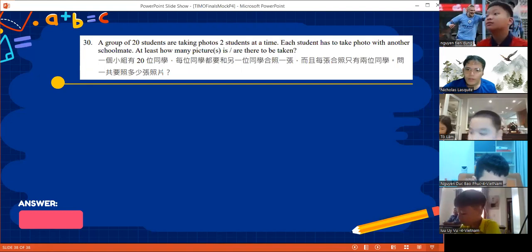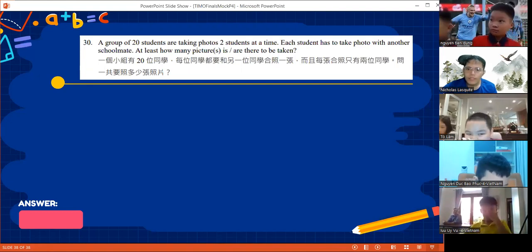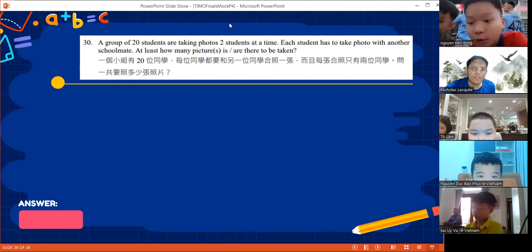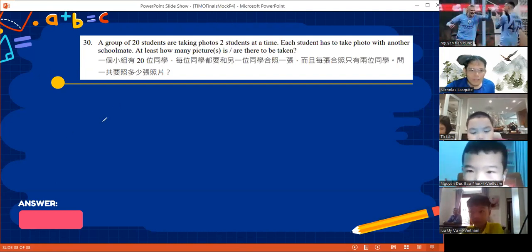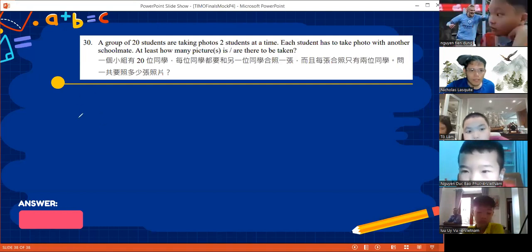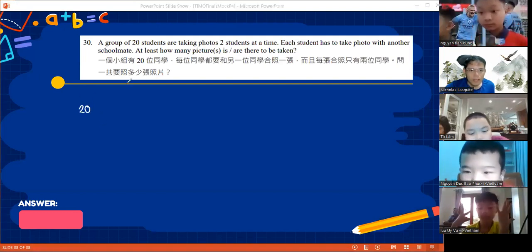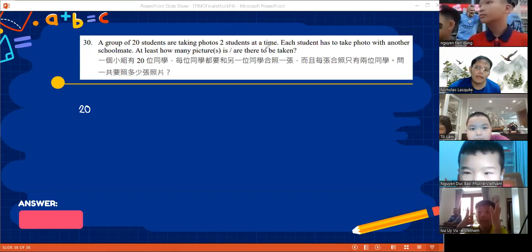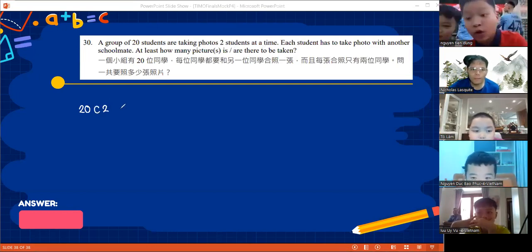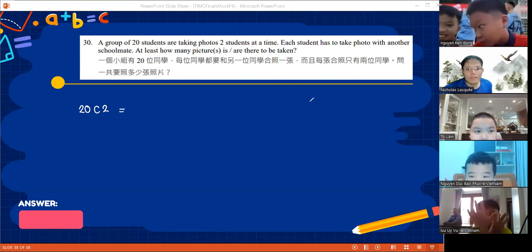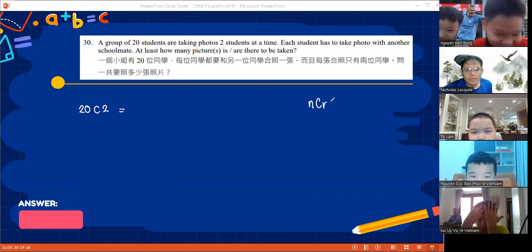Okay. So the answer here is actually pretty easy if you just know the combination technique. I always teach my tutees about the combination technique. So this is 20 and then 2 students at a time. So you choose 2. So what is 20 C 2, or 20 choose 2? Let's say, for example, you have n choose r.